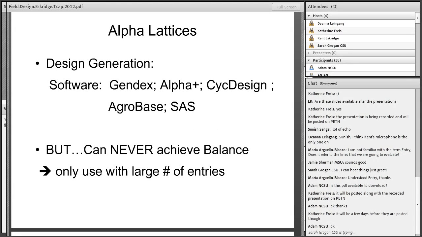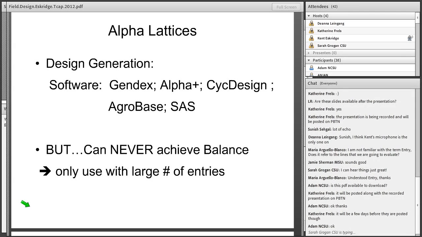There's others too, Agribase, and I think you can do some of these with SAS, and there's one called CycDesigN, which is the one Emlyn Williams uses, although these are not free. Also, R probably has the ability to generate alpha lattices. I didn't put that down there. R is free, so if you know about R, you could use R to generate alpha lattices.